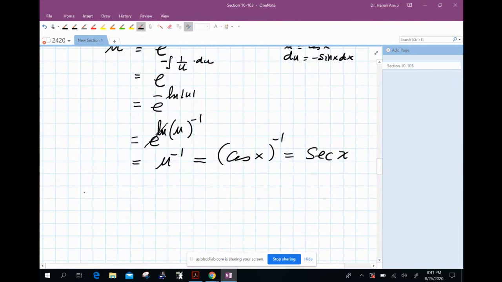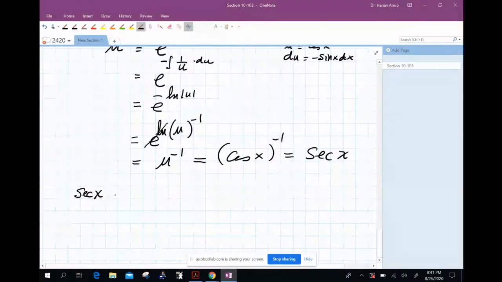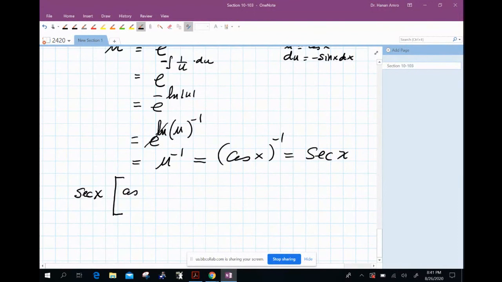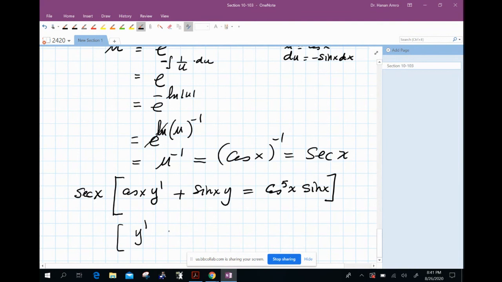So what we're going to do is take secant x and multiply it by the whole equation we have, which is cosine of x times y prime plus sine of x times y equals cosine to the fifth of x times sine of x. Now, let's see how we can deal with cosine times secant. That's basically equal to 1. So that's y prime. And this is sine times secant.